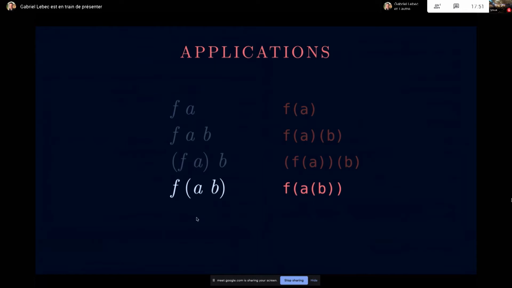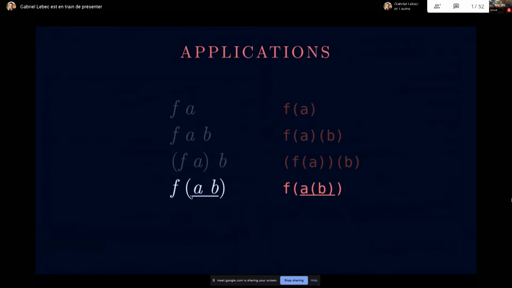On the other hand, if I put parentheses around the right hand of this expression, now I'm talking about something different. Now I'm saying call f on the result of a applied to b. So a gets invoked with b, that returns some new value x, and f is being called on x. So that is a very different expression from the previous one.